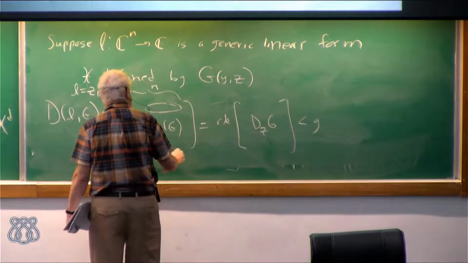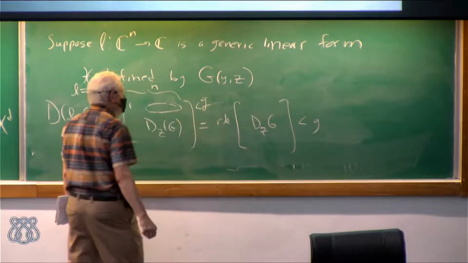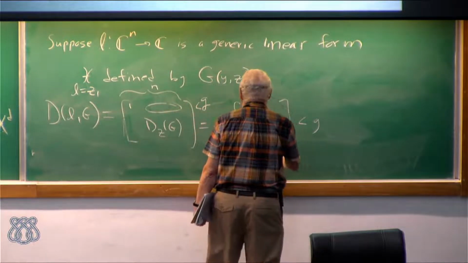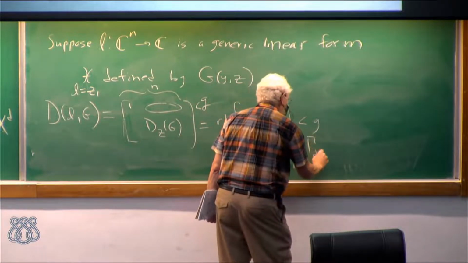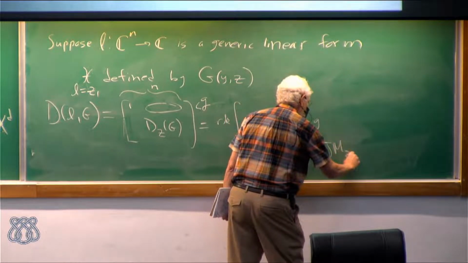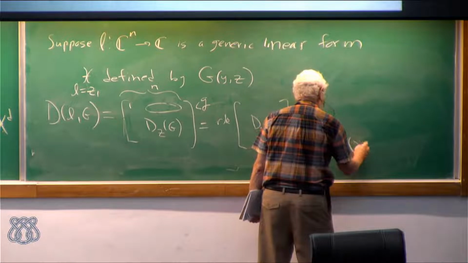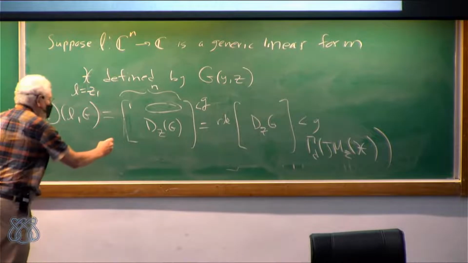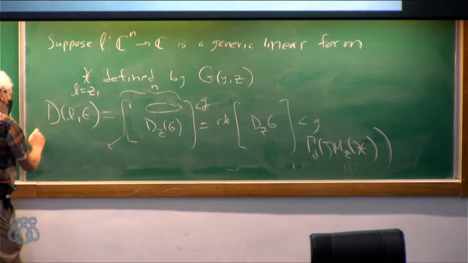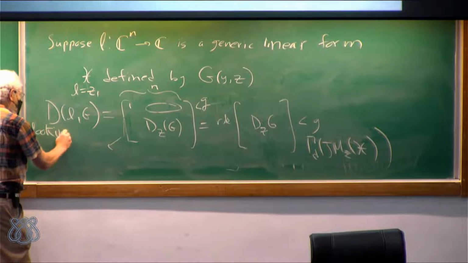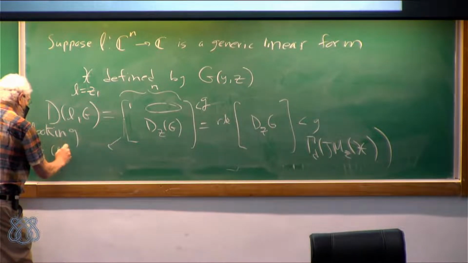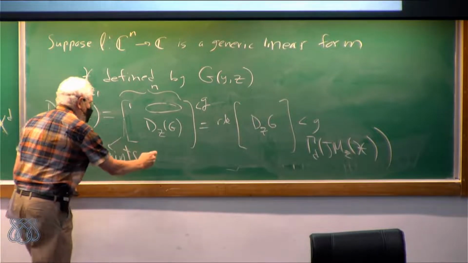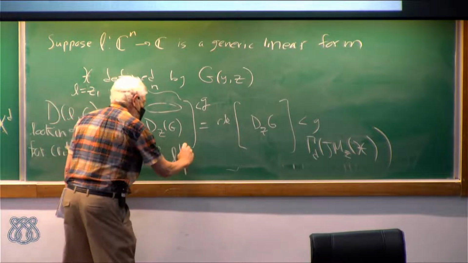So this, of course, if I take the multiplicity of this set, is going to be the polar of JM_Z of curly X. On the other hand, this is looking for critical points of L restricted to the fibers.